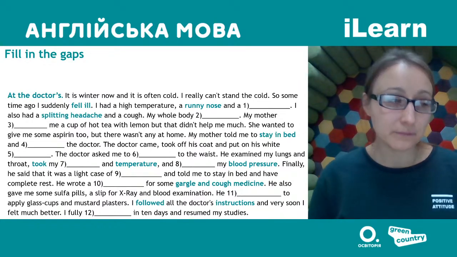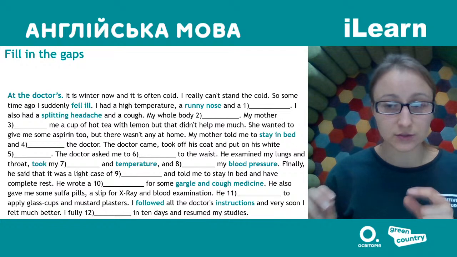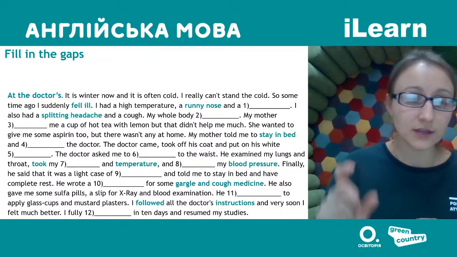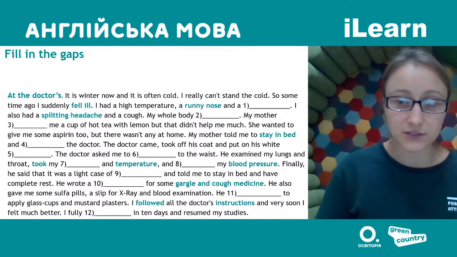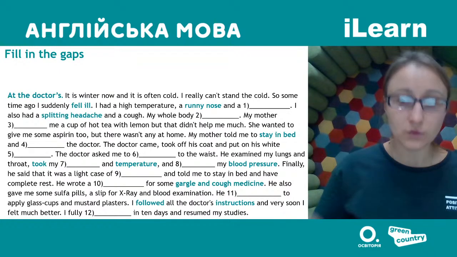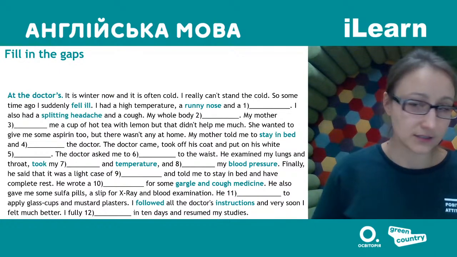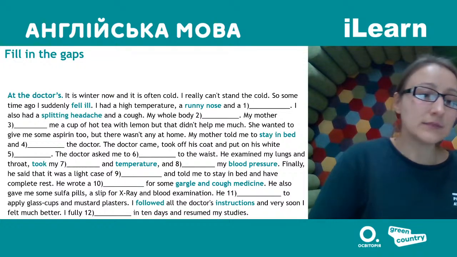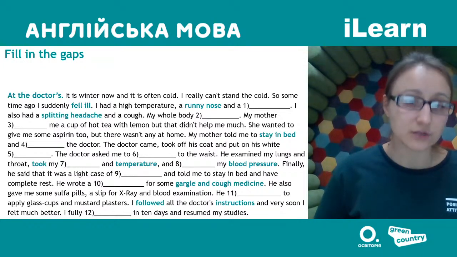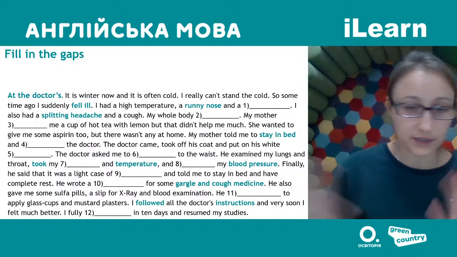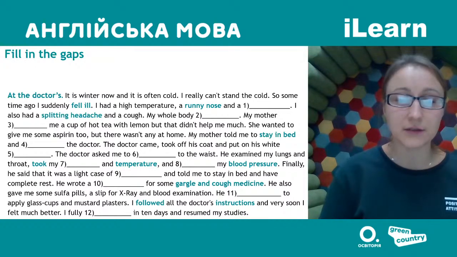To stay in bed. Чому я виділила цю колокацію для вас, це словосполучення? Because we don't have any articles here. Помилка зазвичай, коли bed вважаємо цей іменник, нам потрібен артикль, no. Stay in bed without any articles here. Pay attention. Take temperature, да? To take temperature, вимірювати температуру, to take, not to measure.